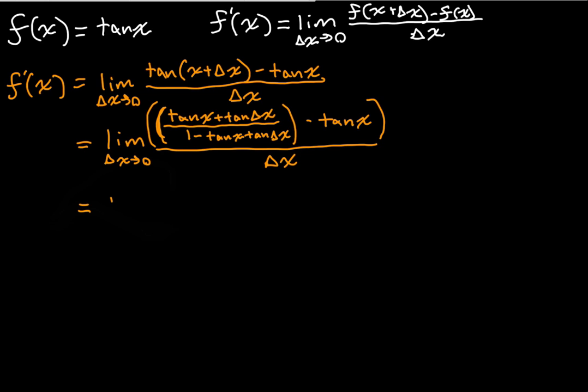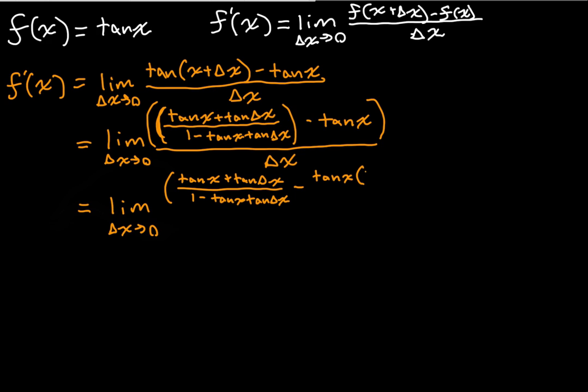I'm going to write this out as the limit as delta x goes to 0 of tangent of x plus tangent of delta x over 1 minus tangent of x times tangent of delta x minus tangent of x times 1 minus tangent of x tangent of delta x.